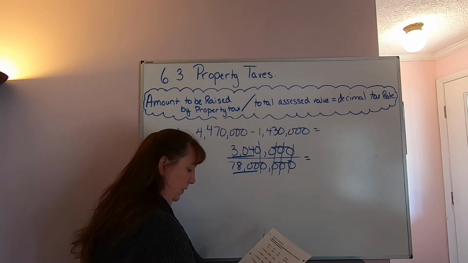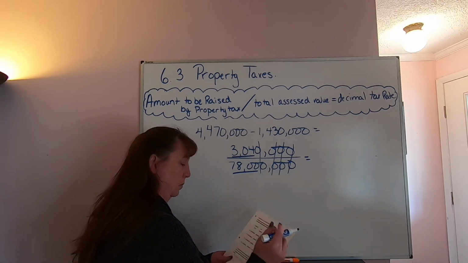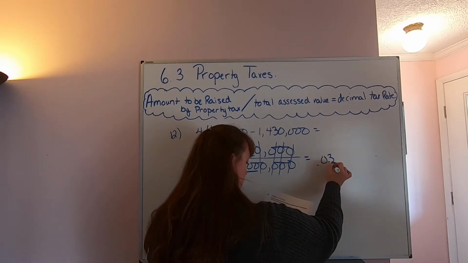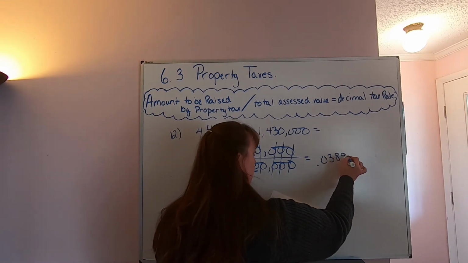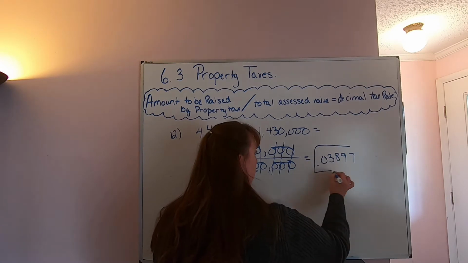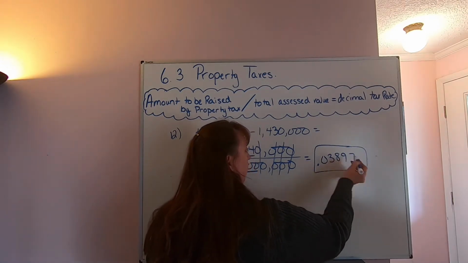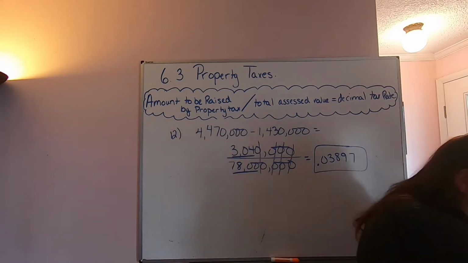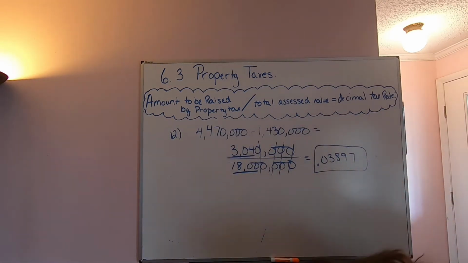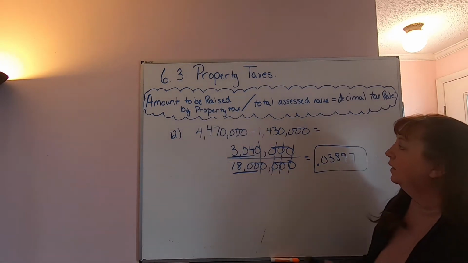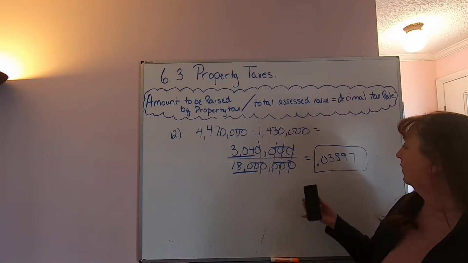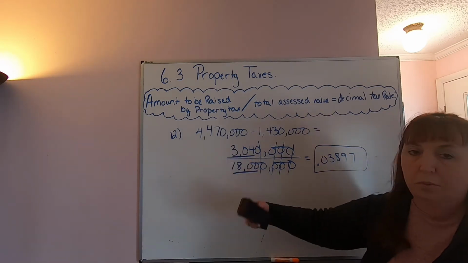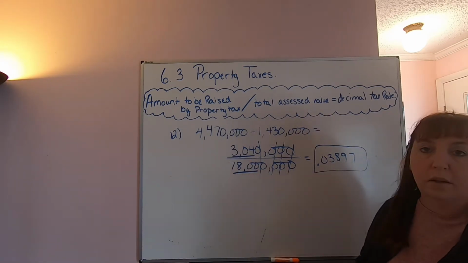It'll give you a decimal, and we're going 5 decimal places: 0.03897, rounding to the 5th decimal place. So each person in that city will have to pay at this tax rate. They're going to take however much their property is, times it by that, and that'll be their tax.